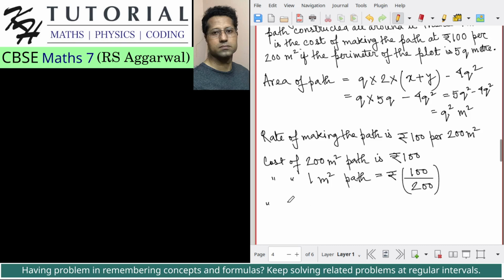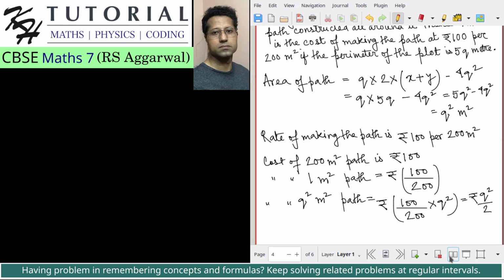Now what will be the cost of the area of the path we have found to be q square? So what will be the cost of q square meter square path? It will be equal to rupees 100 by 200 multiplied by q square, which is equal to rupees q square by 2.